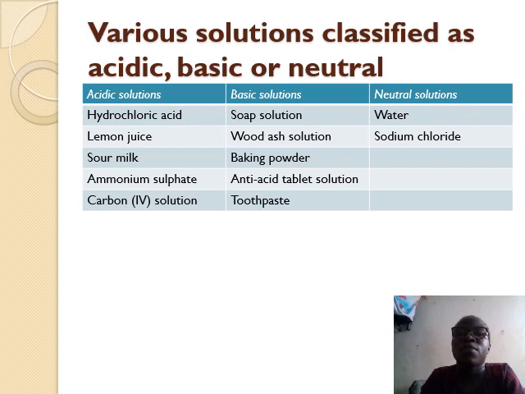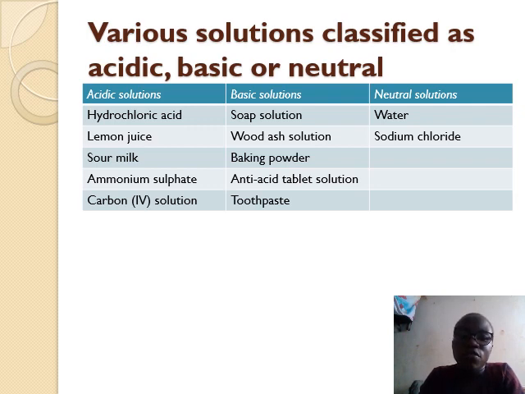Then we're going to talk about various solutions classified as acidic, basic, or neutral. Neutral solutions are solutions that don't have any effect on indicators. Basic solutions are solutions that show different colors when placed in different indicators.